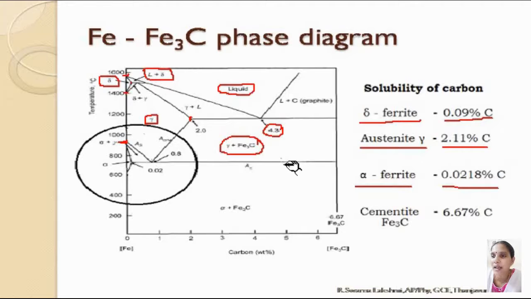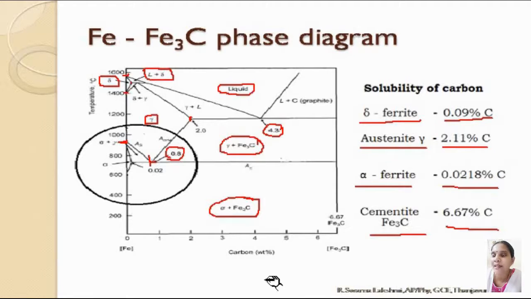The horizontal line over here, where the gamma phase transforms into a combination of alpha and cementite, is known as the eutectoid line, and the corresponding composition of the eutectoid reaction is called the eutectoid composition 0.8 weight%. The cementite, as I told you, is a stoichiometric product of the iron-carbon system which has maximum solubility of carbon in iron, which is 6.67 weight%.